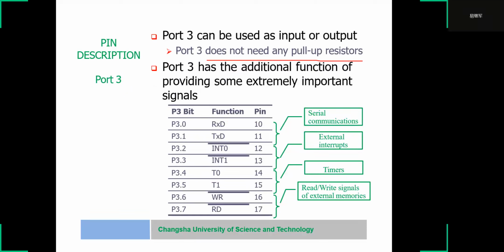Port 3 has the additional function of providing some extremely important signals: RxD, TxD for serial communications, INT0, INT1 for the external interrupts, T0, T1 for the timers, WR and RD for read and write signals of external memories.